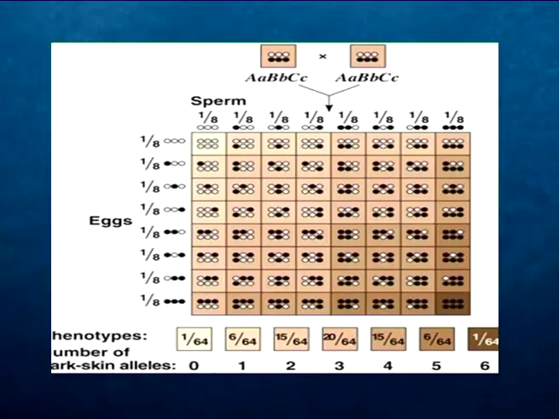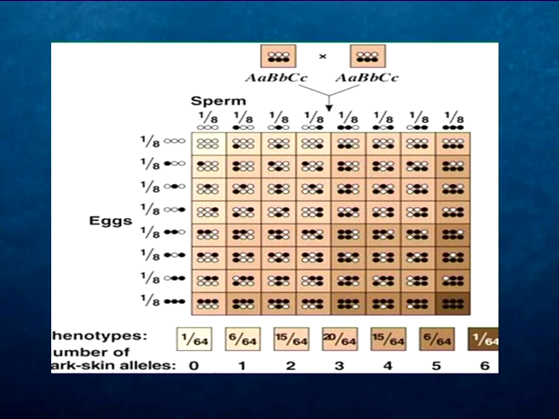So 8 into 8, 64 zygotic combinations are there. And let us see among these 64 zygotic combinations, what is the ratio of individuals with number of these dominant alleles. With no dominant allele, you have 1 అంటే 64కి 1. With 6 dominant alleles, you have another 1/64.